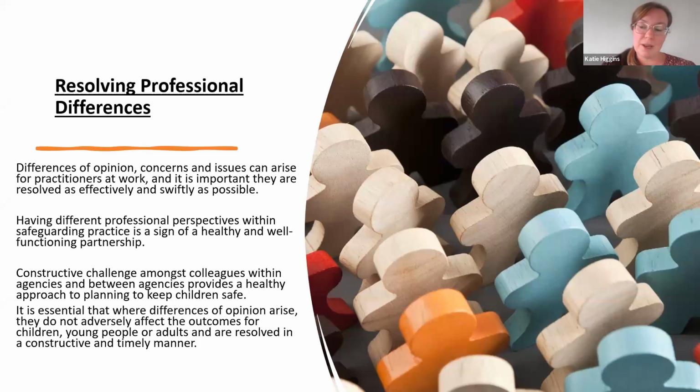So again, with safeguarding, we're working with lots of different agencies. It may be that social workers have a different opinion to health workers, and again, expect to be challenged and expect to challenge others as well. A way that you can resolve that conflict is by bringing more multi-agency professionals to the table.